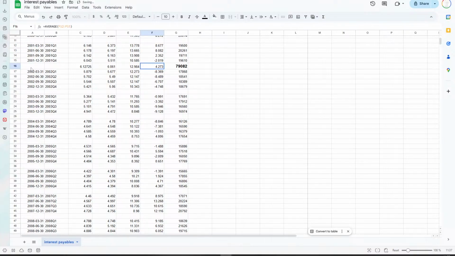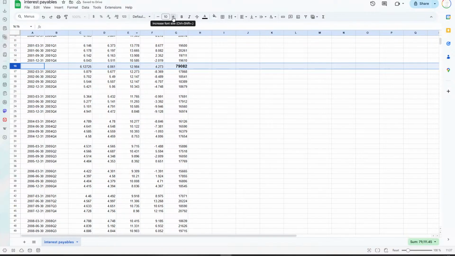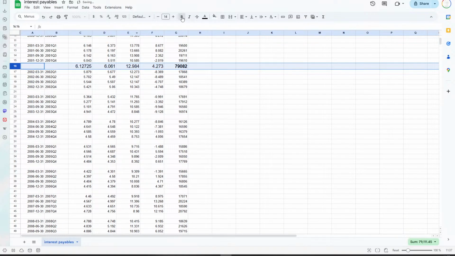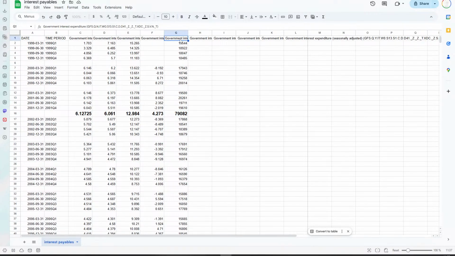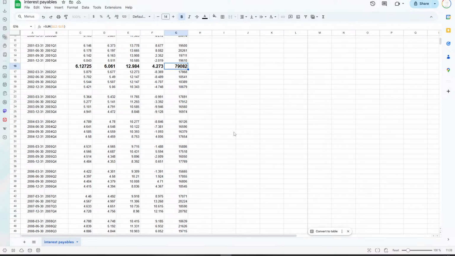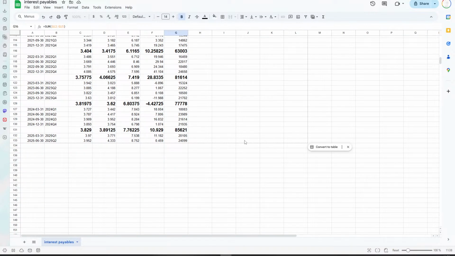We pick one here, 2001. We have a recession, yada yada yada. So the government interest expenditure was 79 billion, and the stock of debt in the year 2001 for sure was not the same amount as it is now, but the expenditure was 79 billion. Fast forward 20 something years later, it's 85 billion.